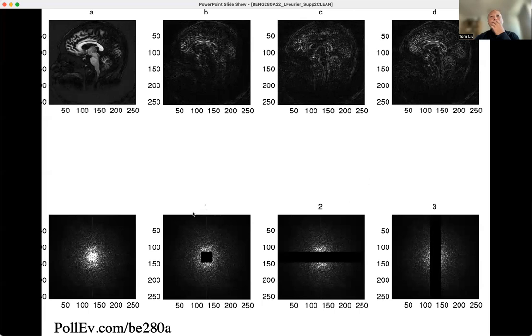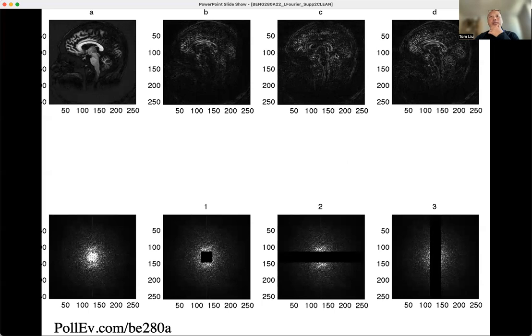So then of 1, 2, and 3, which one has the most parts of K-space? Is it 1, 2, or 3? Yep, that's 1. So clearly D goes with 1, and so I think most people got that. So then the question is really, does C go with 2, or does C go with 3, and also for B, the same thing, okay?